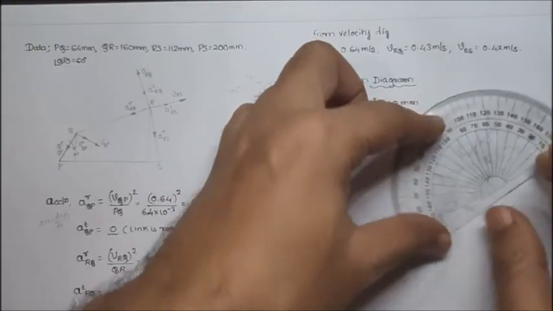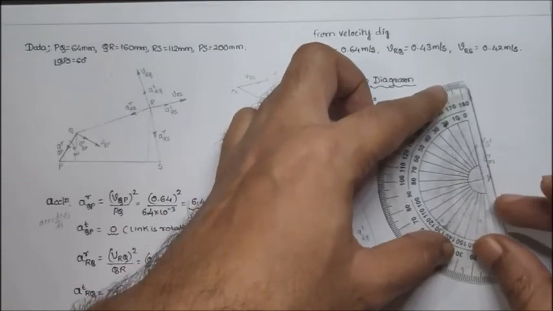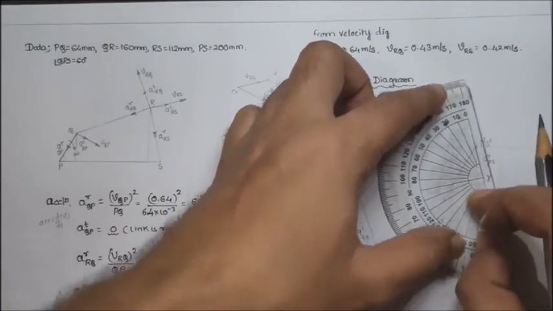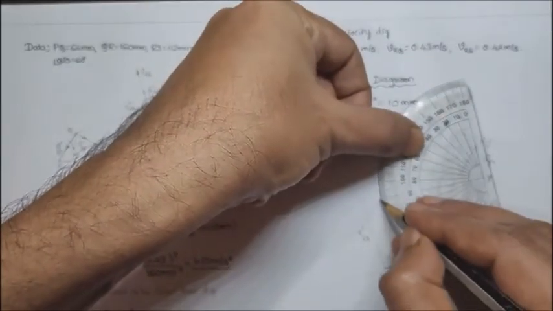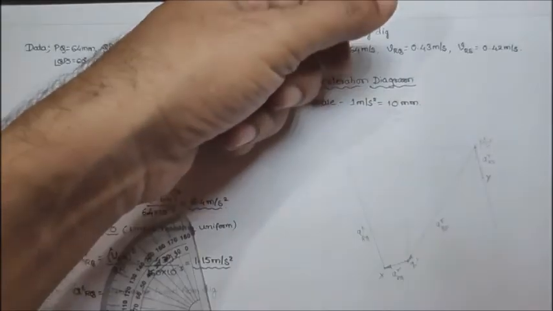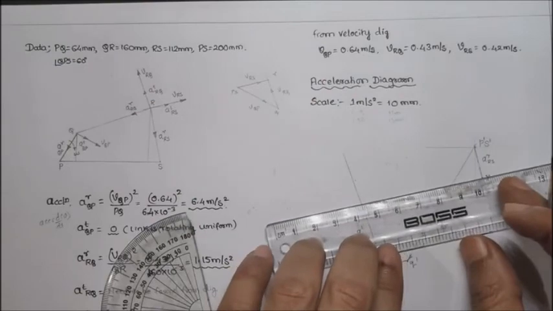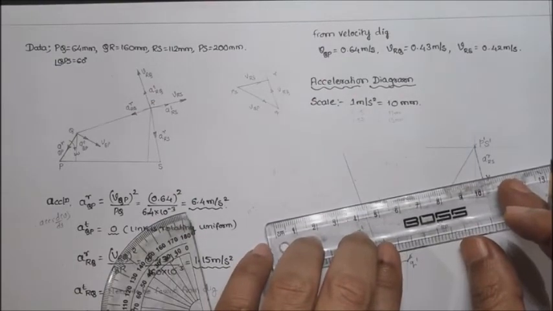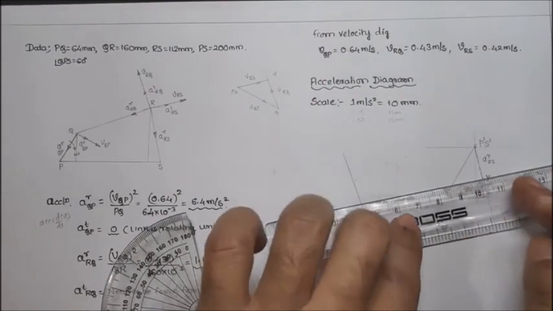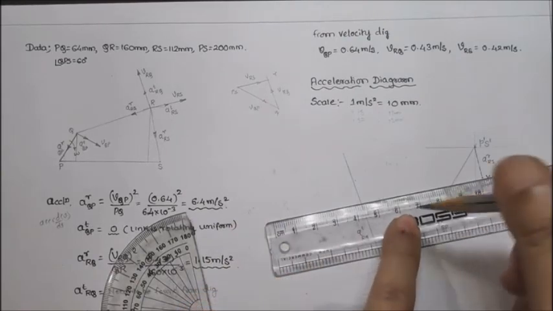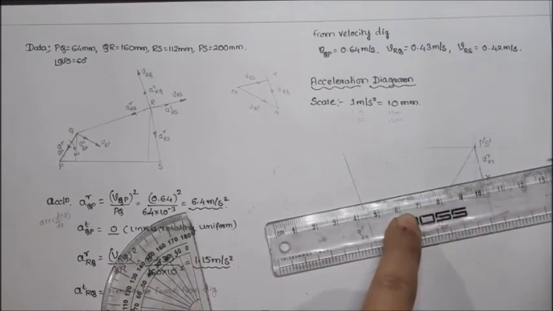So I will measure it this side. But when I draw the line, I don't know its proper position, but it will not intersect with any line.